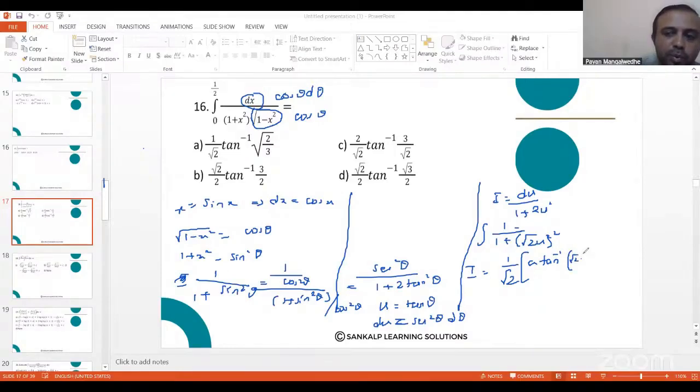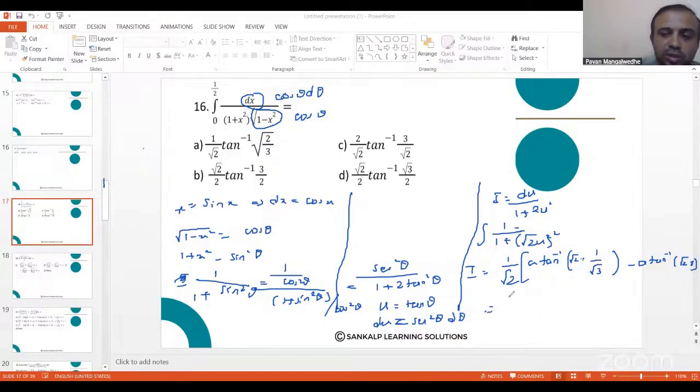root 2, just a minute students, root 2 into 1 by root 3, minus a tan inverse of root 2 into 0. Root 2 into 0 is 0, and anything with a 0 is 0.